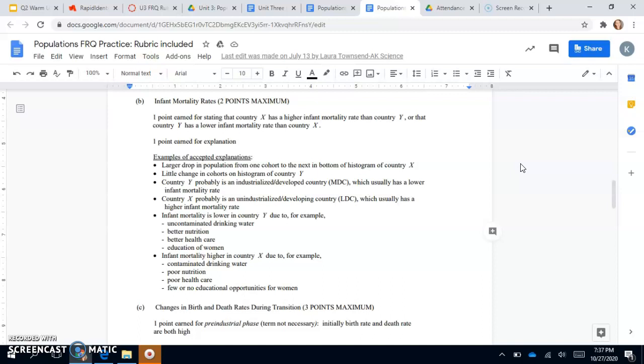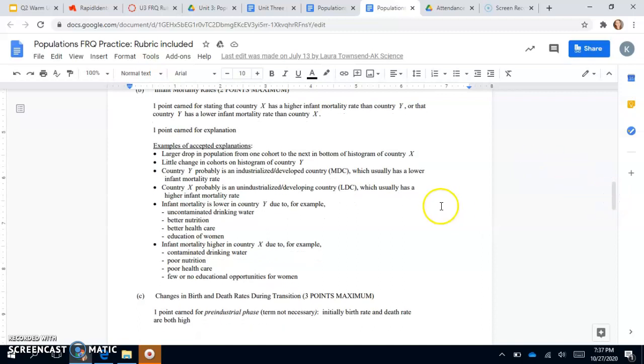So examples that could be accepted. So if you have any of these, that would be good enough. So larger drop in population from one cohort to the next, little change in cohorts in the histogram of country Y. Country Y is probably more industrialized or developing country, which means there's better drinking water, better nutrition, better health care, better education of women.